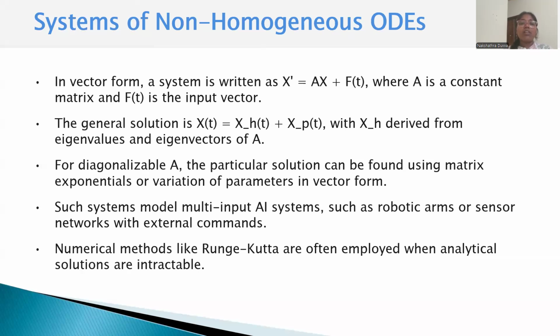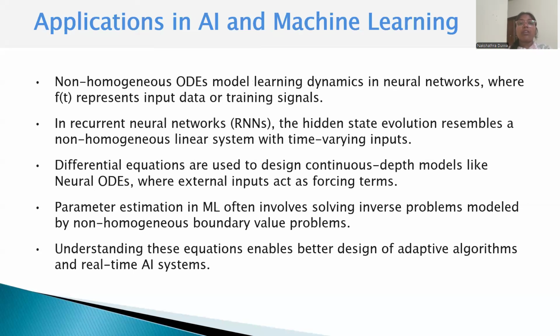These systems model multi-input AI systems such as robotic arms or sensor networks with external commands. Numerical methods like Runge-Kutta are often employed when analytical solutions are intractable.